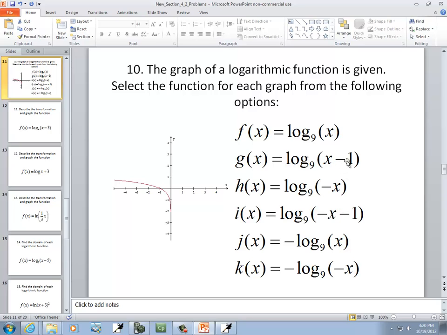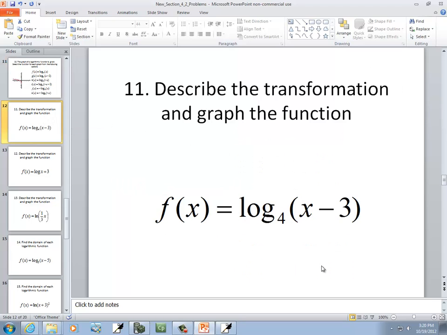Here we got a minus 1, that's going right 1. Here's a negative out in front, that flips across the x-axis, reflects across the x-axis. So on these particular problems, they just want you to use those facts to help figure out which one's your answer. So remember what these negatives do, what numbers do, and so forth. Let's take a look at number 11.